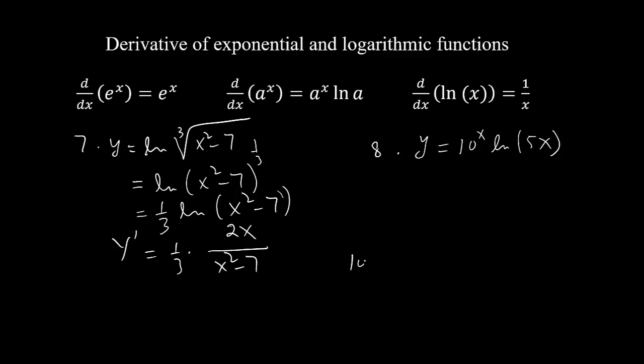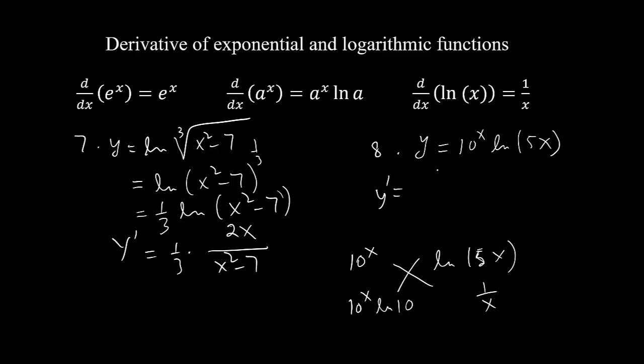This one is a product rule. I usually prefer like this. 10 to the x is one function. Natural log 5x is another function. So take the derivative of this one. It will be similar to a to the x. So you get 10 to the x natural log of 10, and this one will give you just 1 over x. You know this. Cross multiply, add together.